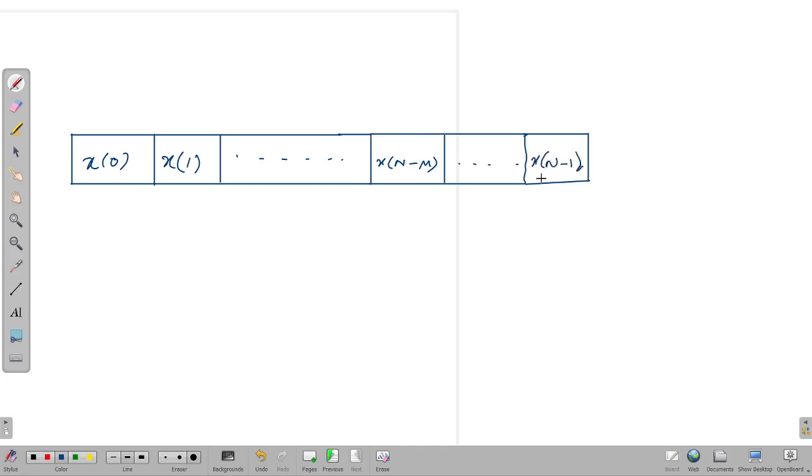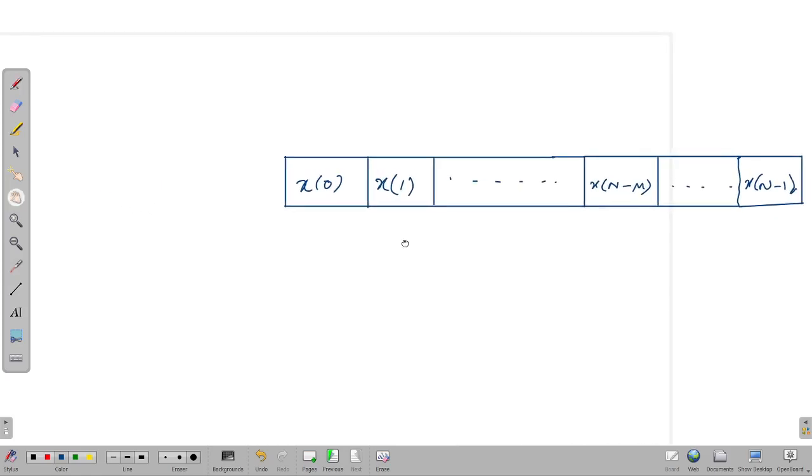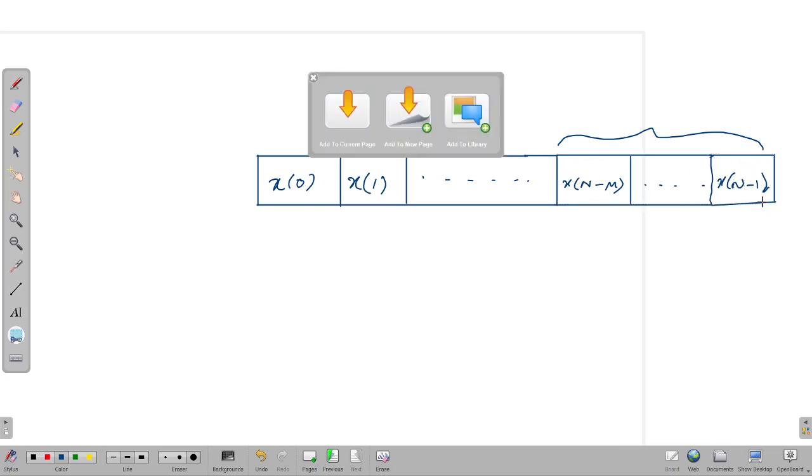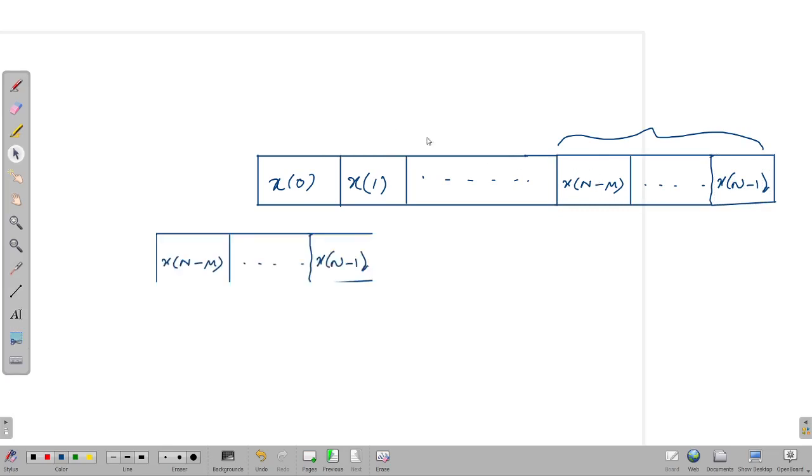So this is your current OFDM block, and you are placing these symbols to the front.